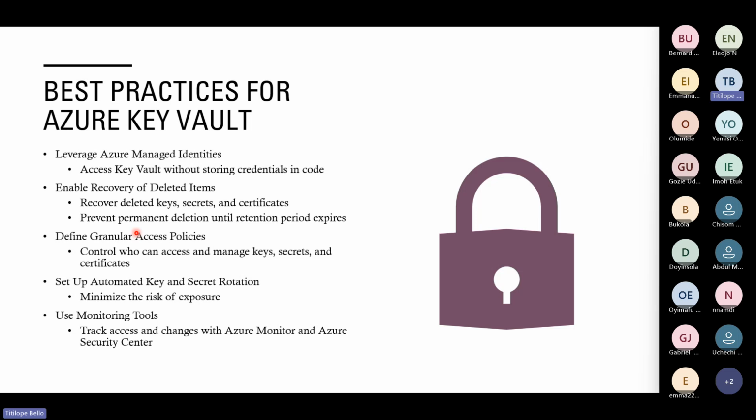Then you should also imbibe the habit of configuring granular access policy. That is specifying rules that state who can access and manage the keys, the secrets, and the certificates that are stored in your Key Vault. Then automate key rotation, right? Key and secret rotation. Like I said earlier, if you leave one key for a long time, even the application becomes complacent with it.